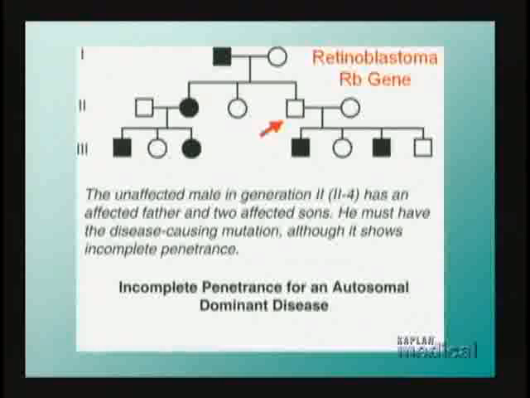What is being inherited in this family is 1 mutant copy of the RB gene, so that each of the people in this pedigree who is affected by the disease, as well as that male identified by the arrow who does not have the disease, each of those people is heterozygous for the RB locus. That is, each of those people has 1 normal and 1 mutant RB allele.